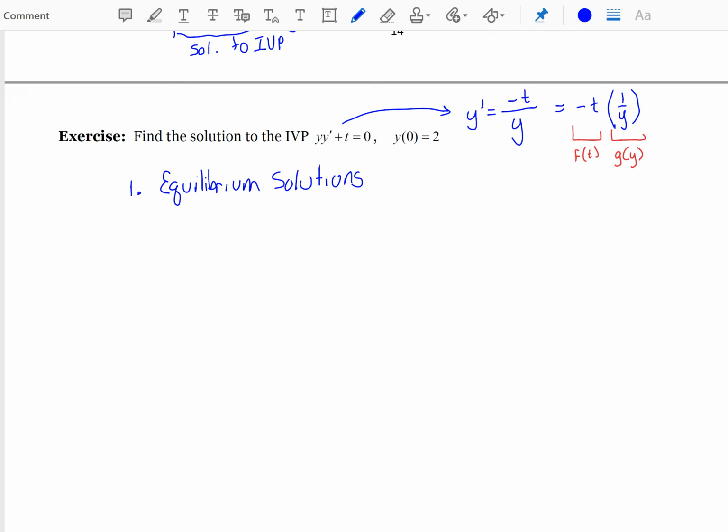Now, when we're looking for our equilibrium solutions, we take our g of y, which is 1 over y, and recognize g of y is never equal to 0. This tells us that there are no equilibrium solutions.